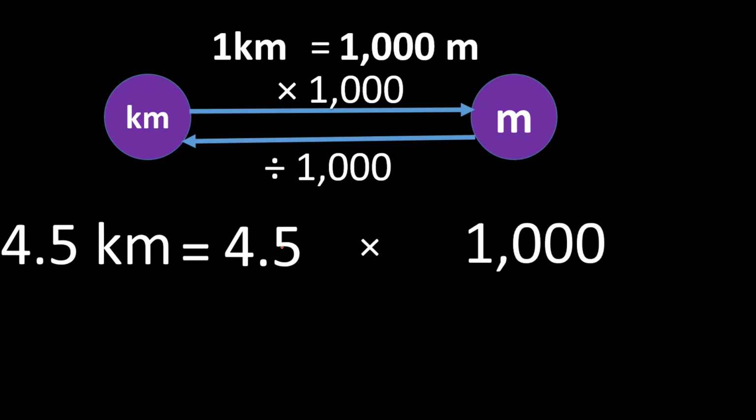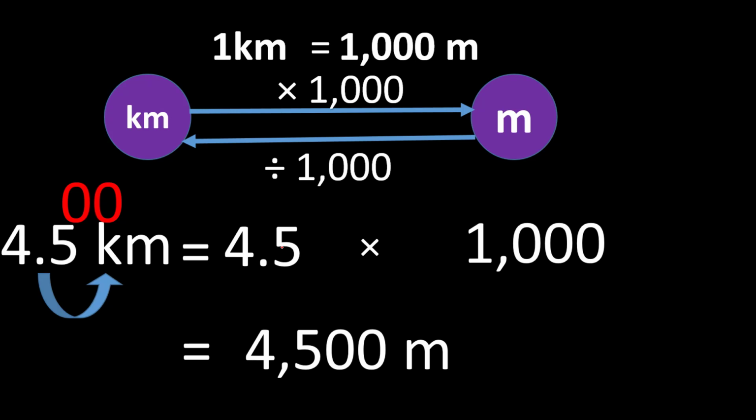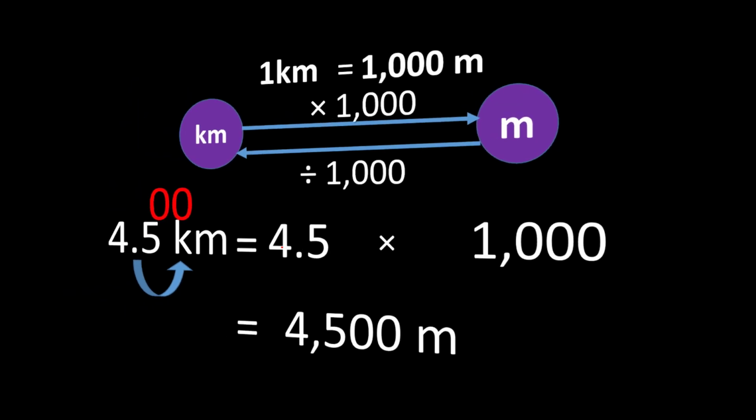Don't forget the rule, just move the decimal point to the right 3 digits. So we have to put 2 zeros here, by the way. We insert the 2 zeros, so it will be 4500 meter.